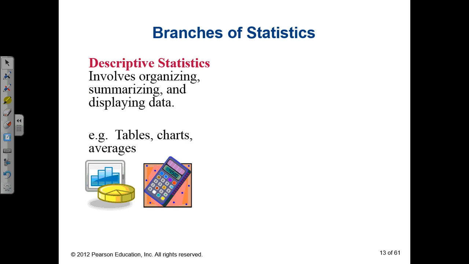We have two types of statistics. Descriptive statistics, which is dealing with the data itself. It involves the organizing into tables or into graphs, summarizing data into measures of central tendency or measures of variation, and displaying the data in some form. Descriptive statistics is more interested in the data itself.